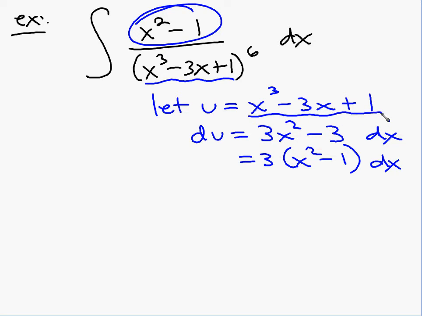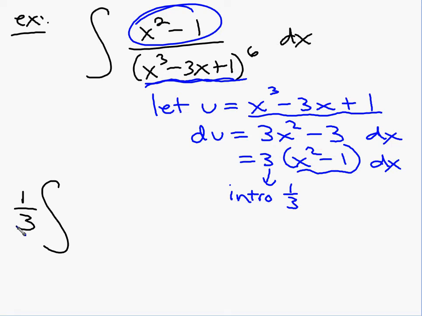I've accounted for the denominator right here. I've accounted for the numerator right here. I just have this new little 3 I didn't have, so I need to introduce a 1/3. So now my integral is, sorry about that, I need a 1/3 out in front of it, and I'm going to have 1 over u to the 6th du.